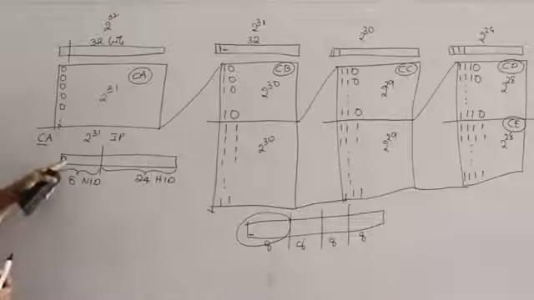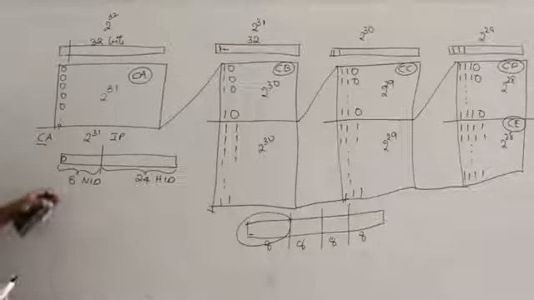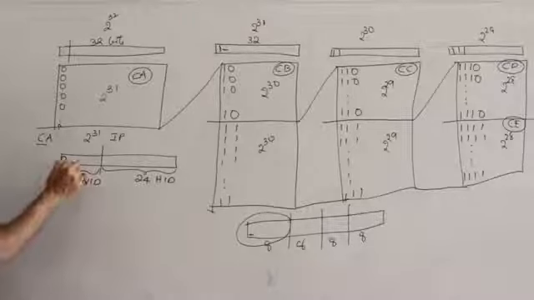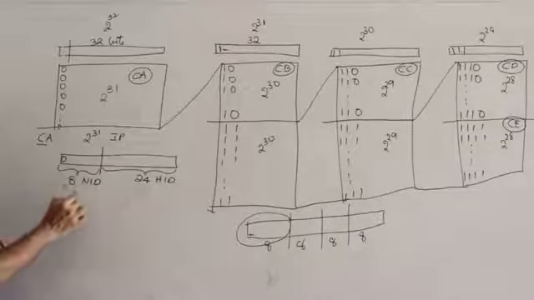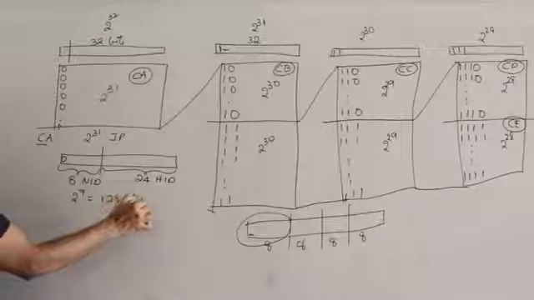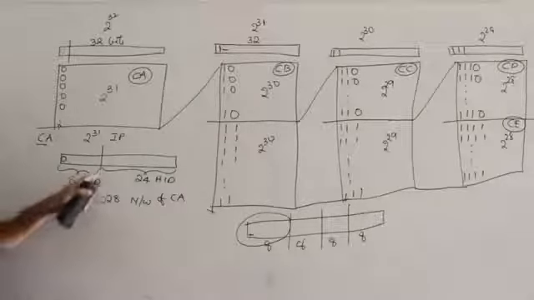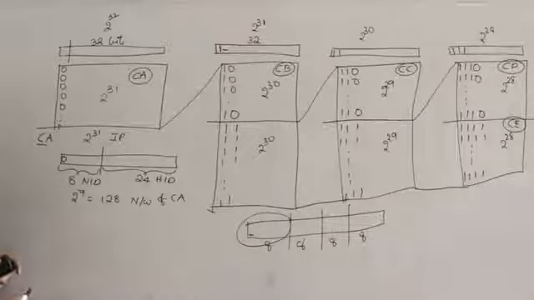Now the first bit is already fixed as 0. Out of 8 bits, the first bit is already fixed as 0. Then how many bits are remaining here? 7 bits. So with 7 bits, how many networks of class A are present? 2 power 7, which is nothing but 128 networks of class A. And now if you take any network, how many IP addresses are present in one network?